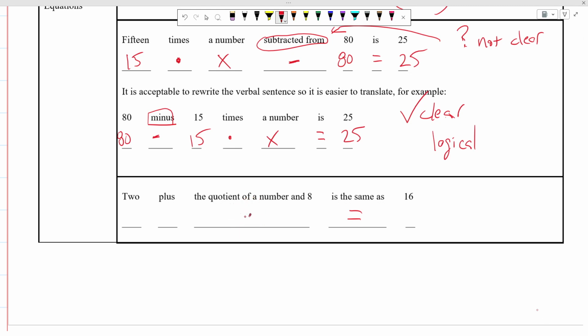Okay, so I know it's going to involve that somehow. Of a number and 8. Which one goes where, though? That's the question here. Well, it would actually be x is the one that goes here, and 8 is the one that goes here. Quotient of a number and 8. So I found out my variable.